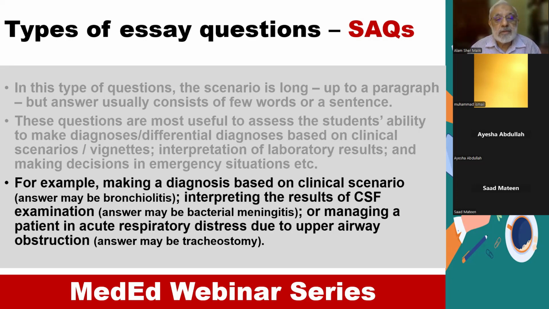For example, the diagnosis based on a clinical scenario may be only bronchiolitis. Interpretation of a CSF result, the answer may be only bacterial meningitis. Managing a patient with acute respiratory distress due to upper respiratory obstruction, the answer may only be tracheostomy. So these are examples of short answer questions where the scenario itself is quite long, but the answer is usually very short.